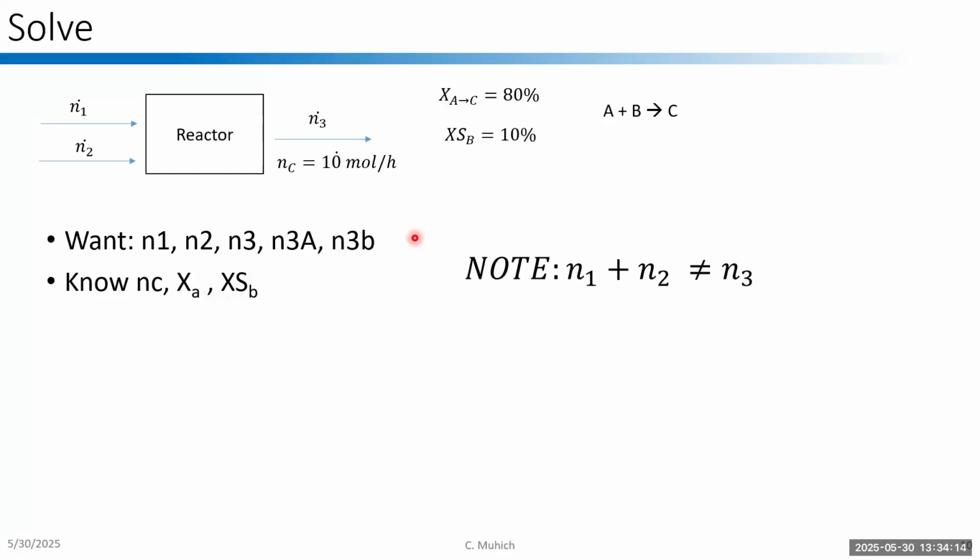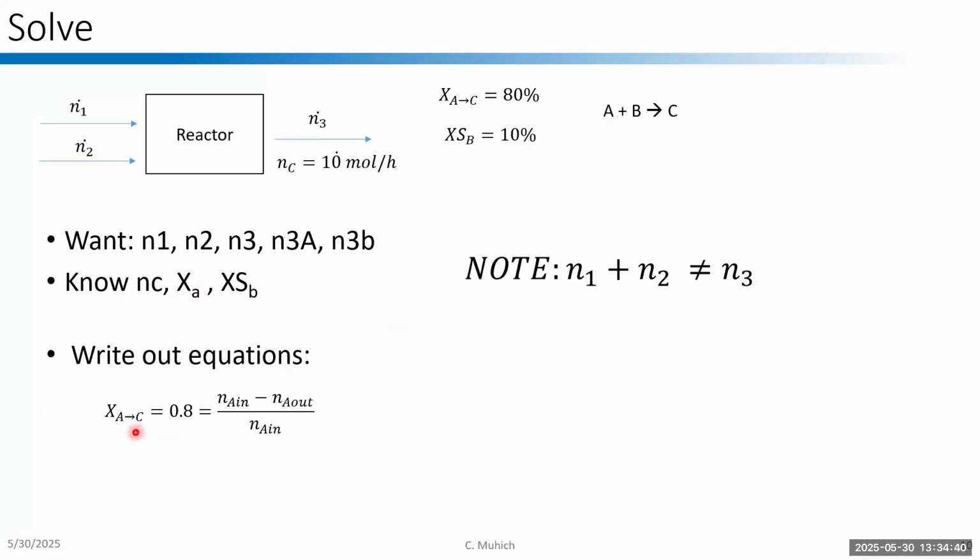Once again, I really want to note that unlike mass balances, molar flow in is not equal to molar flow out, right? Because we have reactions. In this case, I'm going from 2 moles to 1 mole. Okay, so let's write out our equations that we know.